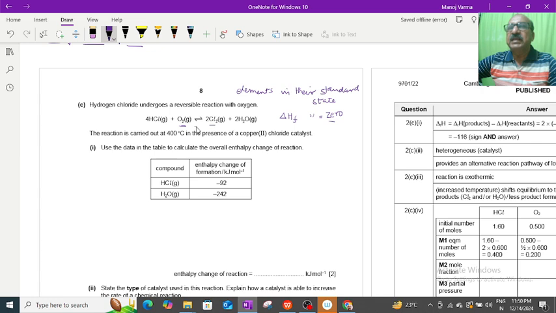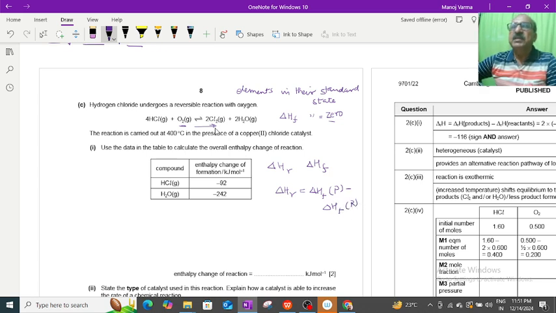That means when this reaction takes place, how much heat is evolved or absorbed. You have to remember the formula: when you have to find the enthalpy change of a reaction and you are given the enthalpy change of formation, then the enthalpy change of a reaction is equal to the enthalpy change of formation of the products minus the enthalpy change of formation of the reactants.